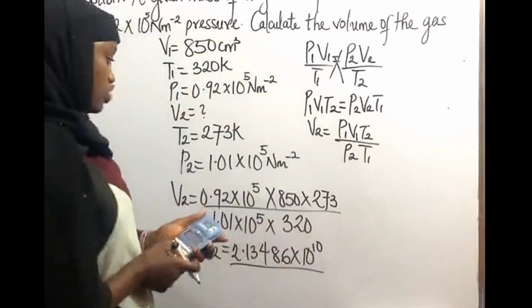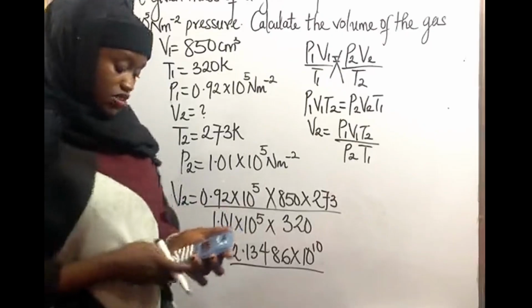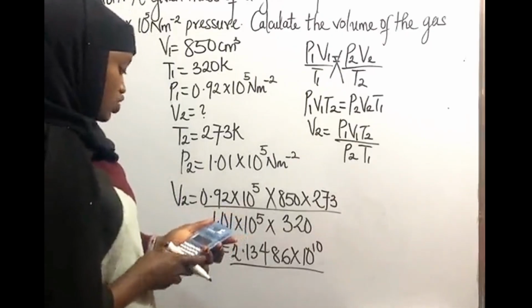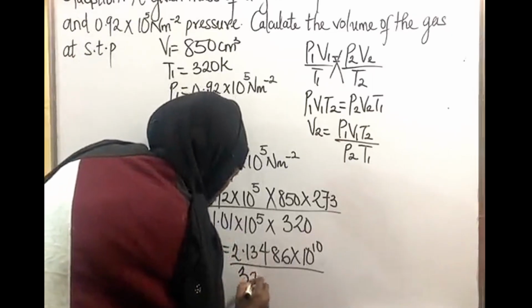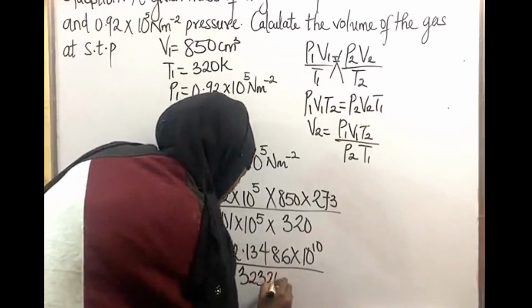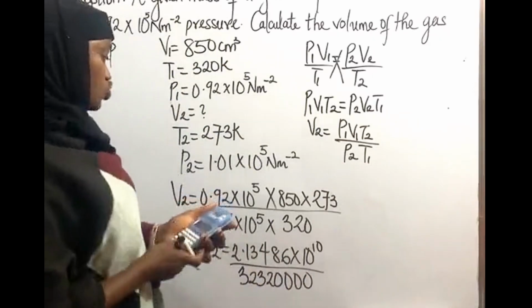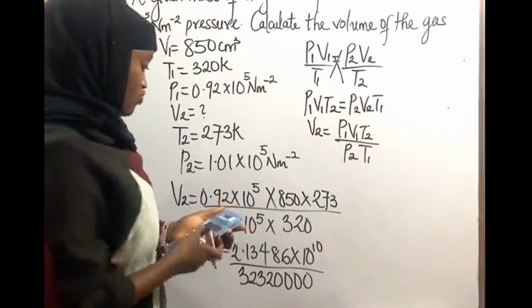Now let's calculate what we have at the denominator, which is 1.01 times 10 to the power of 5 times 320. So here what we have from the calculator is 32320000.